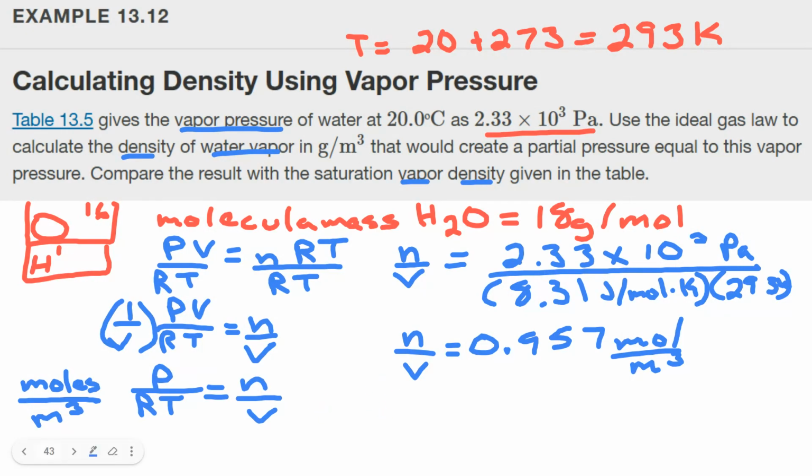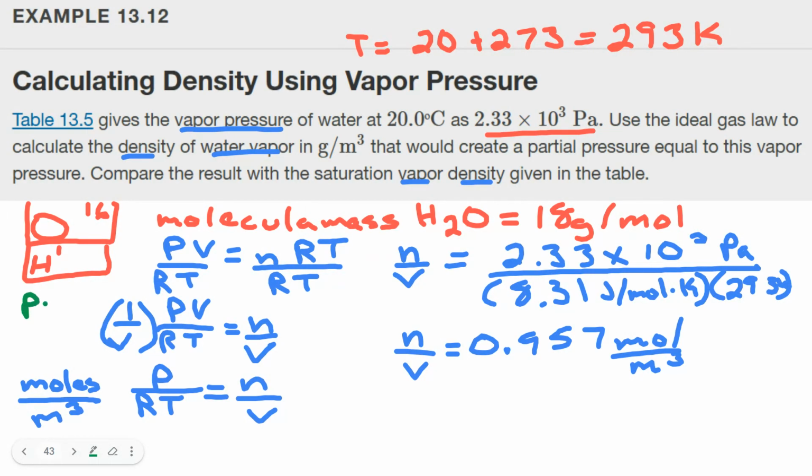Okay, so remember that density, I gotta be careful how I write this. I'm starting to run out of room here, so I'll put it over to the side.